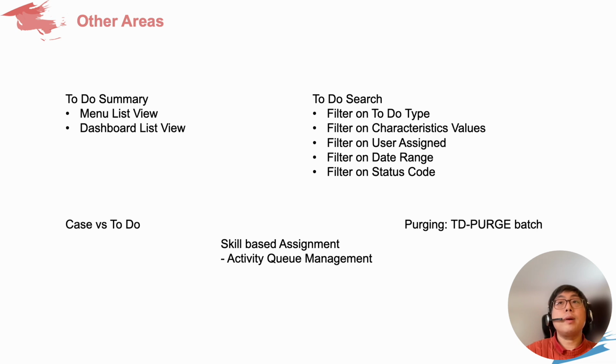Okay, the last one I want to talk about is purge. There is a base batch called to-do purge, and it's important to utilize this because to-dos could be created in very high volume.